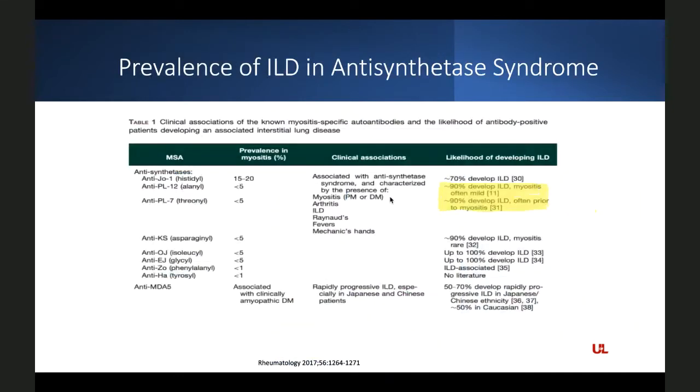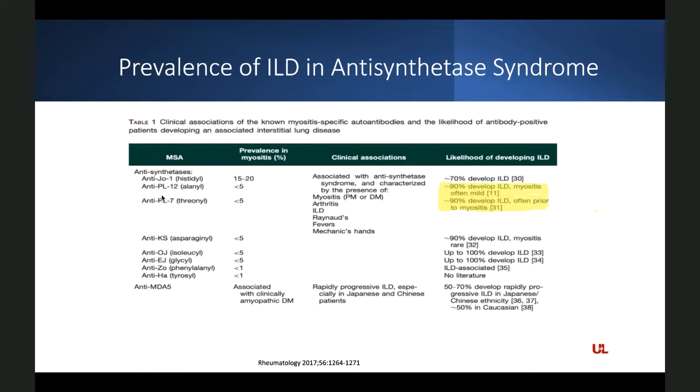So when we are talking about these antibodies, there was a paper that came out in 2017, published in Rheumatology Journal, which studied a large number of patients with antisynthetase syndrome.